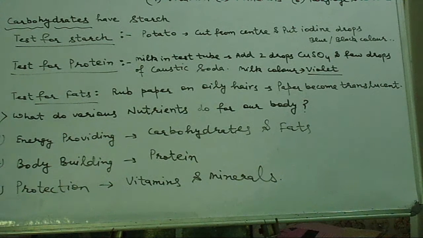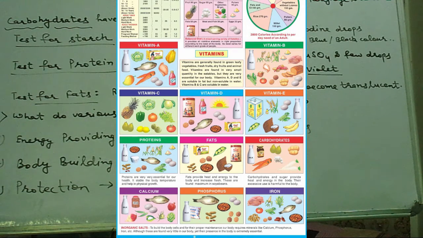The category of nutrients that do this are vitamins and minerals, and their deficiency in the body can create so many problems. So many vitamins are there: vitamin A, vitamin B, vitamin C, vitamin D, vitamin E, vitamin K. Similarly, so many minerals are present in our body: iodine, iron. They are the basic minerals that are needed in our body.